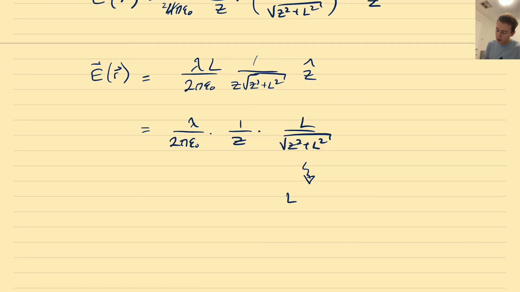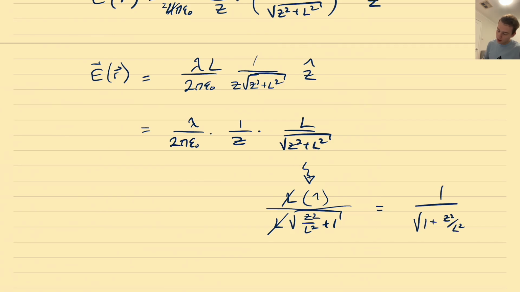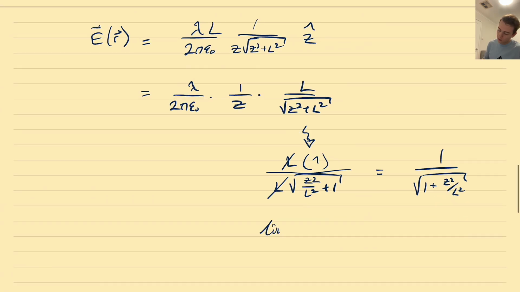Now I can factor an L squared out of the square root, and it becomes L times square root of z squared over L squared plus 1. Now these L's can cancel, and I'm left with square root of 1 plus z squared over L squared.